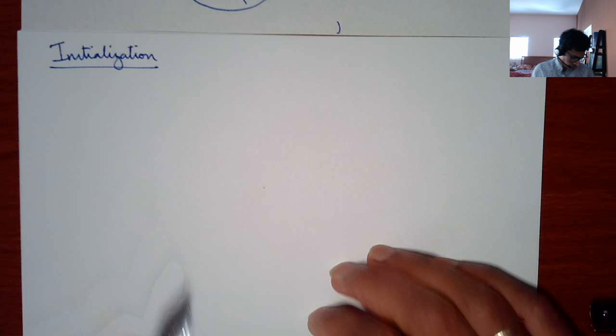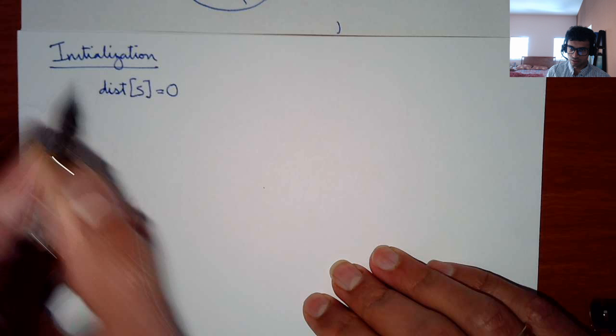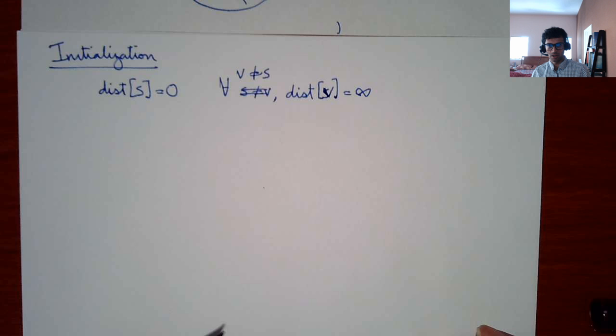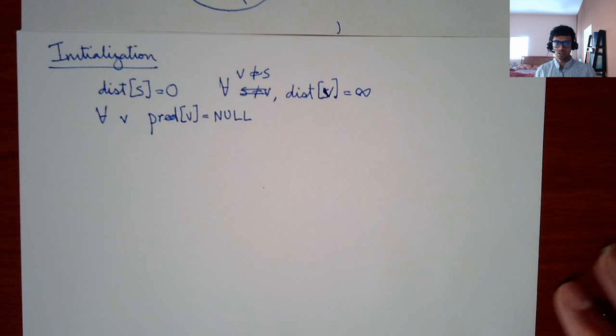It is simply to set dist of s to 0, and for all v not equal to s, the dist of v is infinity. And then for all vertices v, the predecessor of v is null. This is how we initialize these data structures, or rather these arrays.